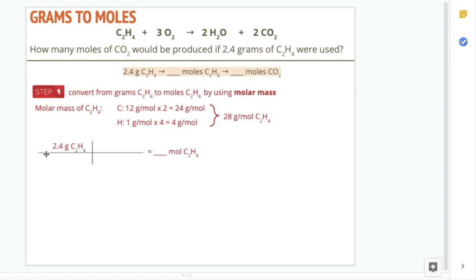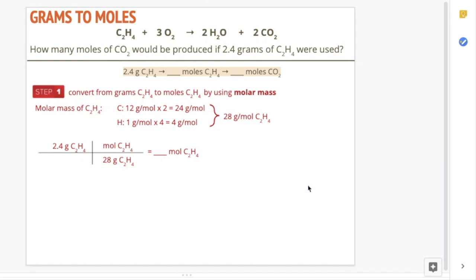So the question gave us 2.4 grams, and we are trying to get moles for our first step. So am I going to put 28 grams on the top or on the bottom if I need to get moles out? Right, I'm going to put it on the bottom. So let's do that. And I'm going to put my mole on the top.